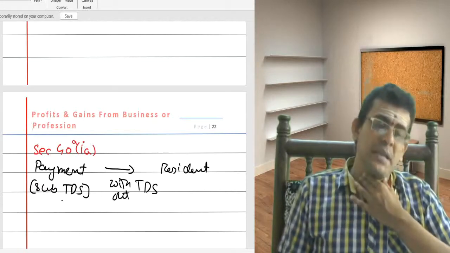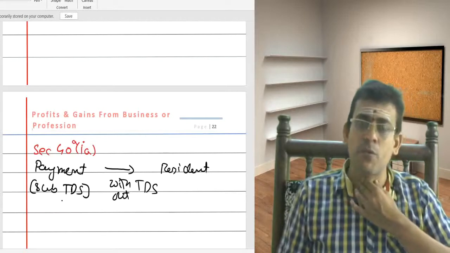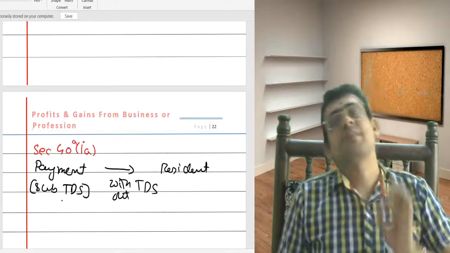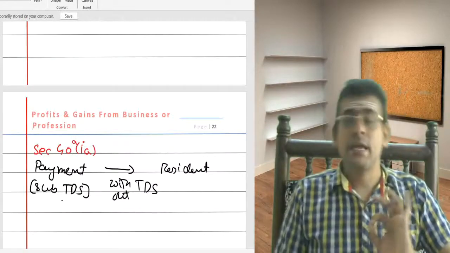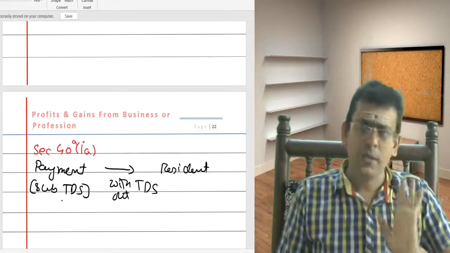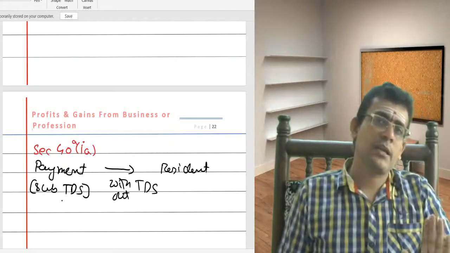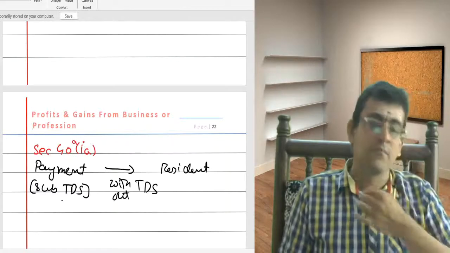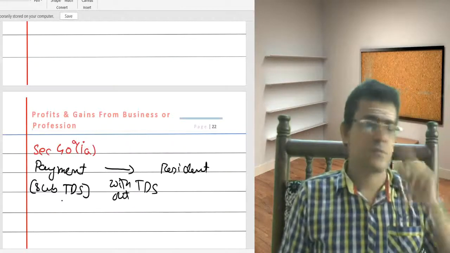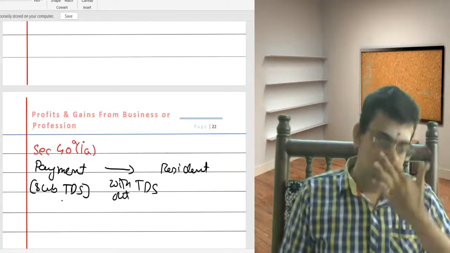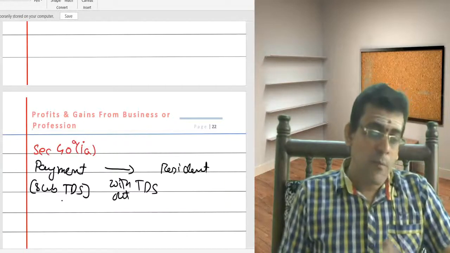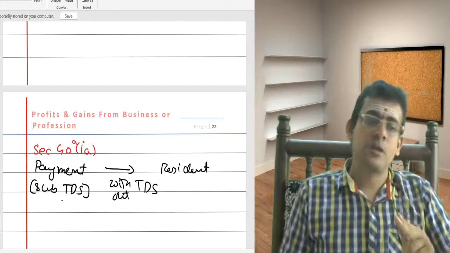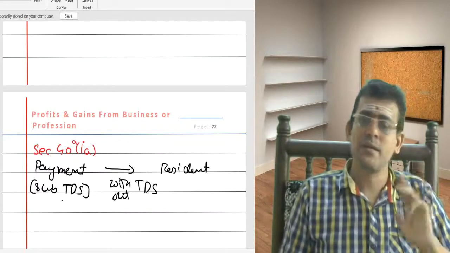Any payment which is covered under the provisions of TDS and is paid to a resident without deduction of TDS, then 40A 1A is applicable. Almost similar. 40A subsection 1 also says what? Any payment made to a non-resident without deduction of TDS is subject to disallowance. Same thing applies. Any payment covered as part of TDS paid to a non-resident without TDS will be disallowed.